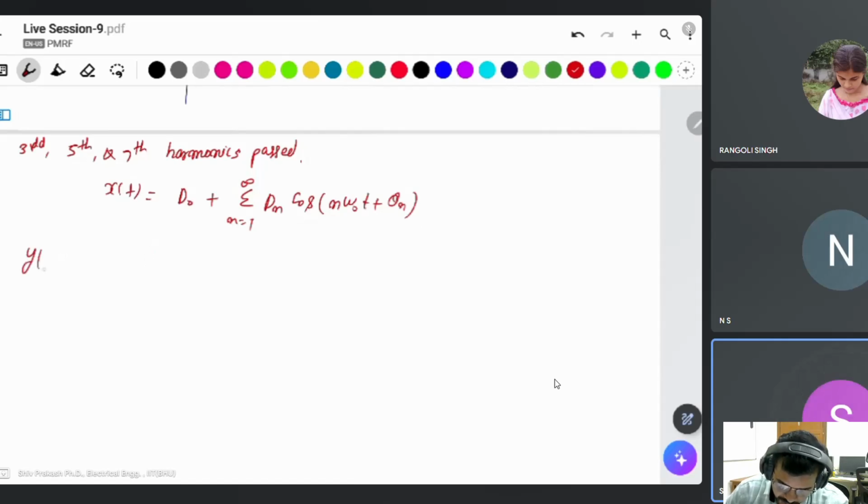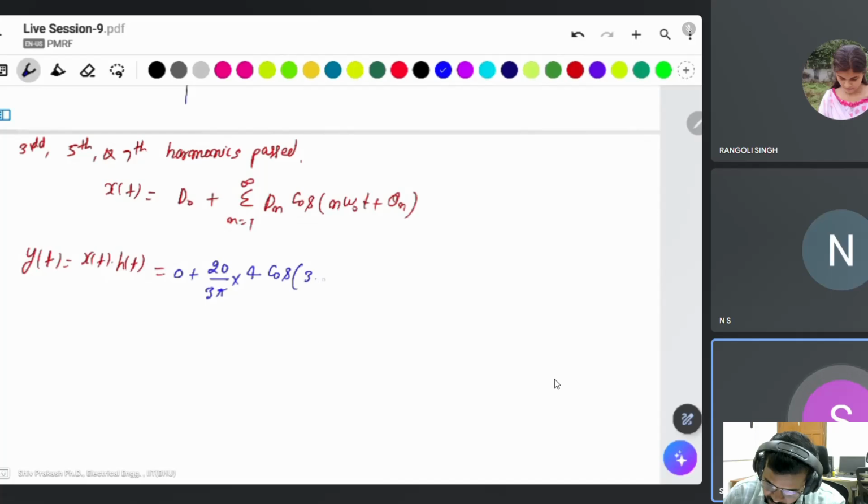Multiply, y(t) is equal to x(t) into h(t), filtering applied. After the filtering, d naught is not present, only the third harmonic and others are present. It means 20 by 3 pi into 4, which is the filter gain, then cos of 3 into 20 pi t minus pi by 2 for the Fourier series angle, and minus pi by 2 for the filter angle, which we have to add.